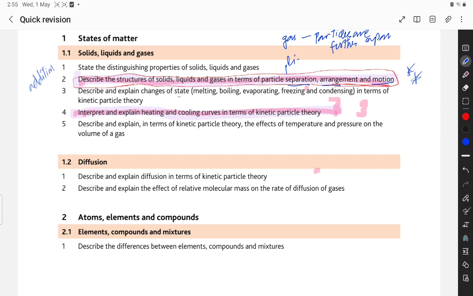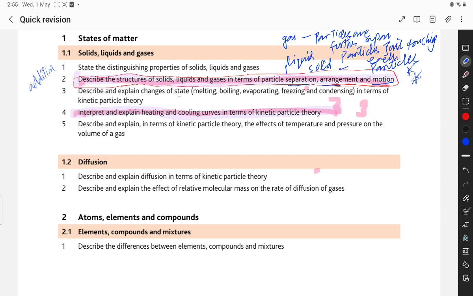In liquid, particles are just touching each other. This is very important to write down like this. And in solid, particles are tightly packed. This is very important to explain, to understand the terms separation, arrangement and motion.